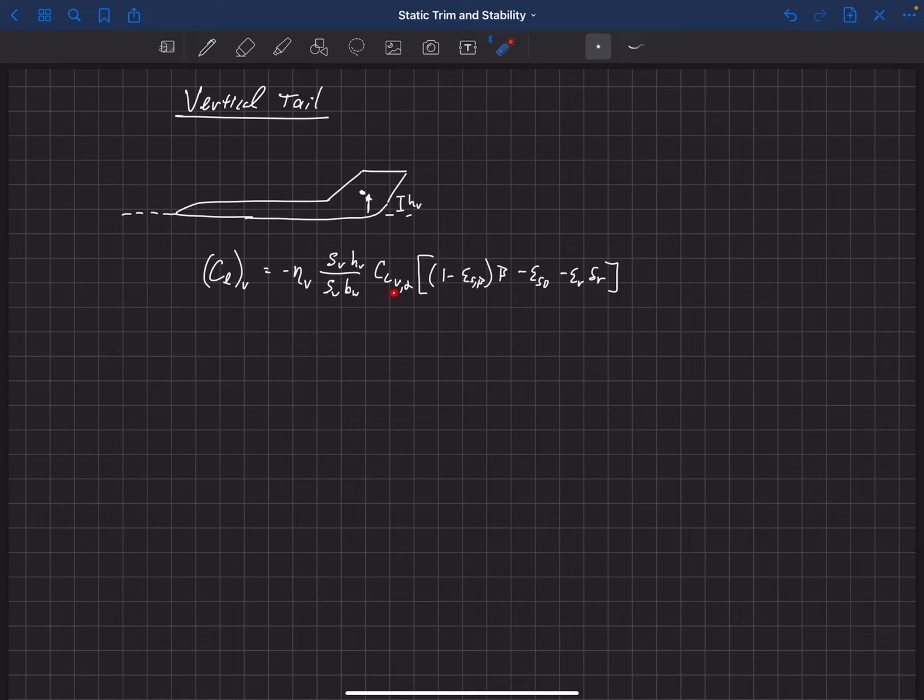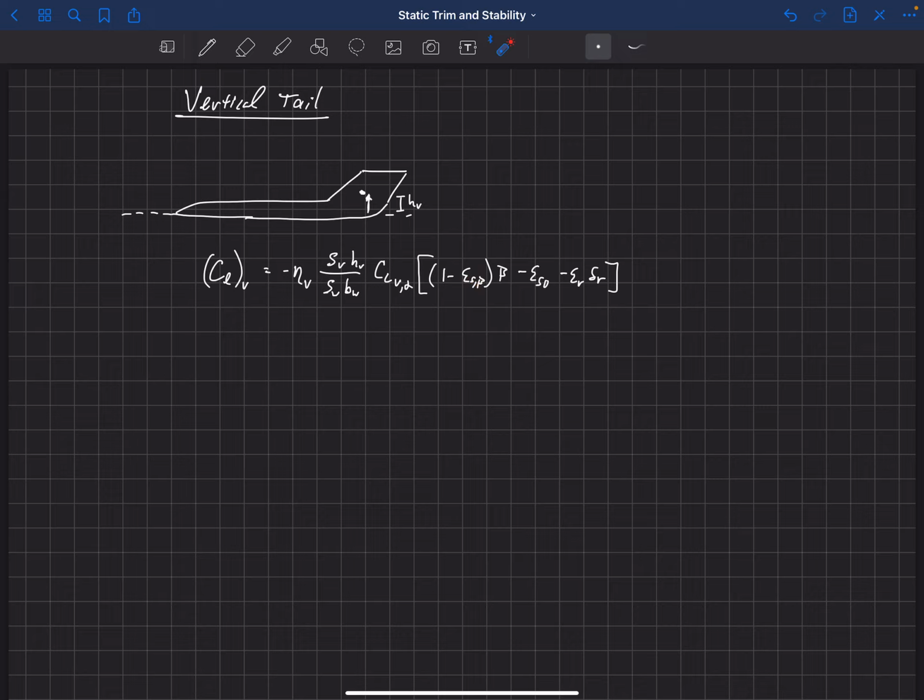Okay, so then we've got the lift slope on the vertical. Beta is our side slip angle. Epsilon s naught would be our side wash with zero beta, which you could have if this is behind a propeller or something. Epsilon s comma beta is our change in side wash with respect to beta. I'm sorry, I think I called this side slip. This is the side wash. So this is a change with respect to beta.